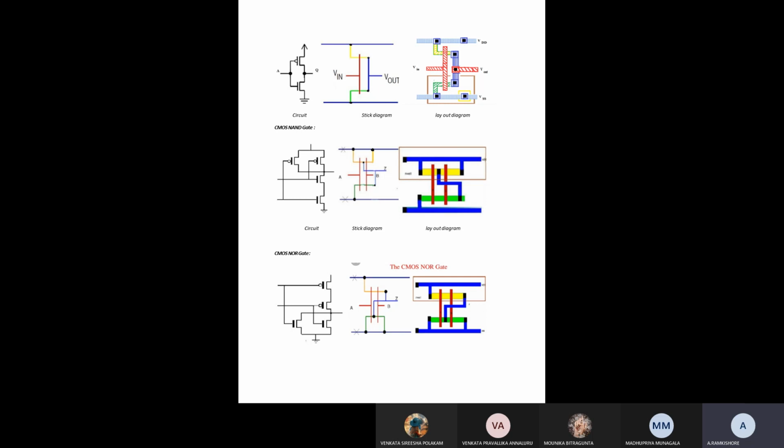For electrical contact, and also internally, if you want to connect from one layer to another layer, or from one section to another section, we have to use different metals to connect any type of layer within the design.